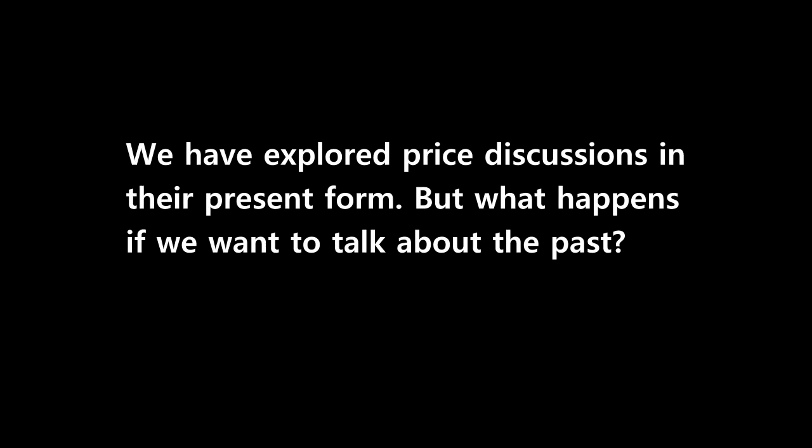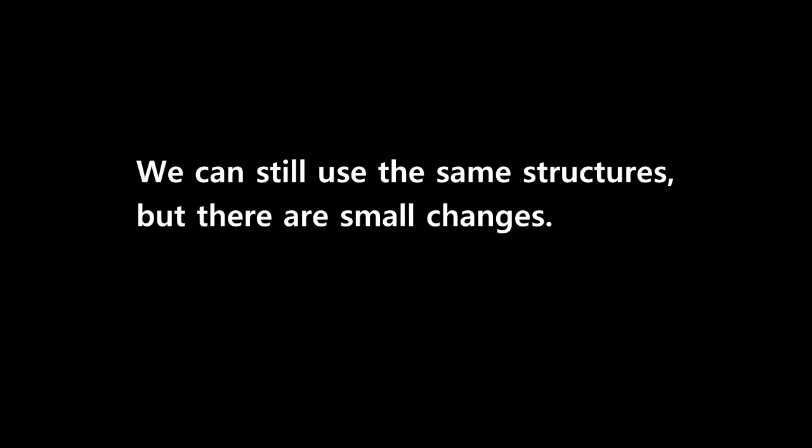We have explored price discussions in their present form. But what happens if we want to talk about the past? We can still use the same structures, but there are small changes. So our question, how much does this cost, becomes this. "How much did this cost?"